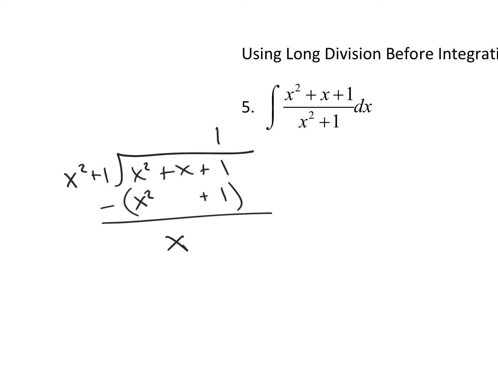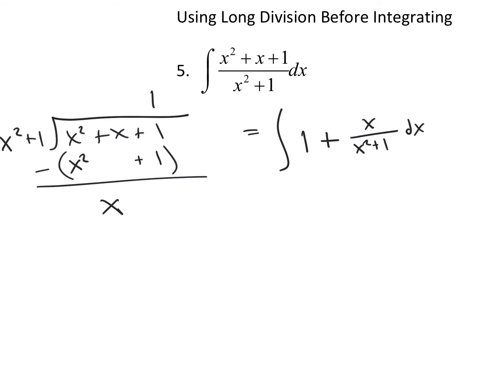That's my remainder, because x squared can't go into x. So now I have my remainder, and so this is the key. What we're really doing is we're rewriting this integral, or this rational function, as 1 plus remainder over x squared plus 1, what we divided by, dx.